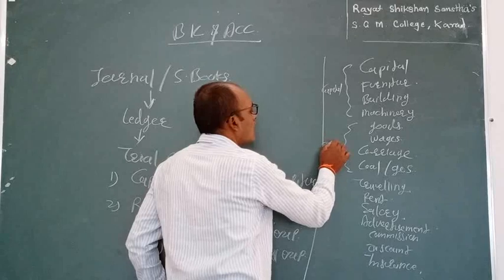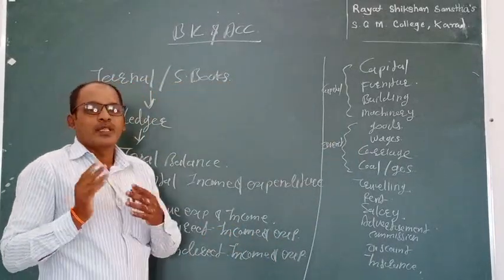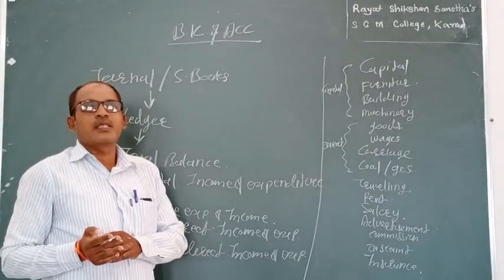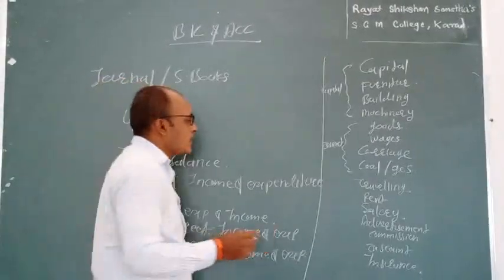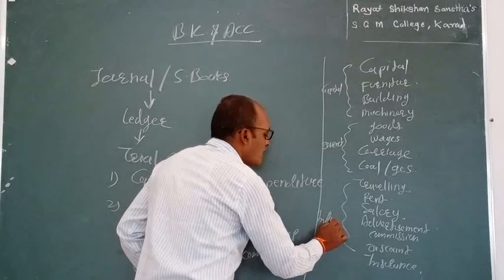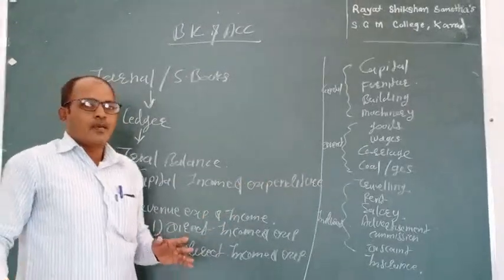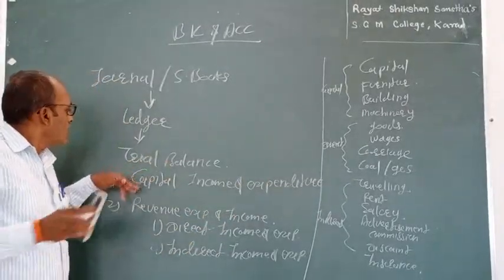And expenditure related to selling expenses, office expenses and administration expenses is called indirect expenditure. These expenditures are transferred to the trial balance.